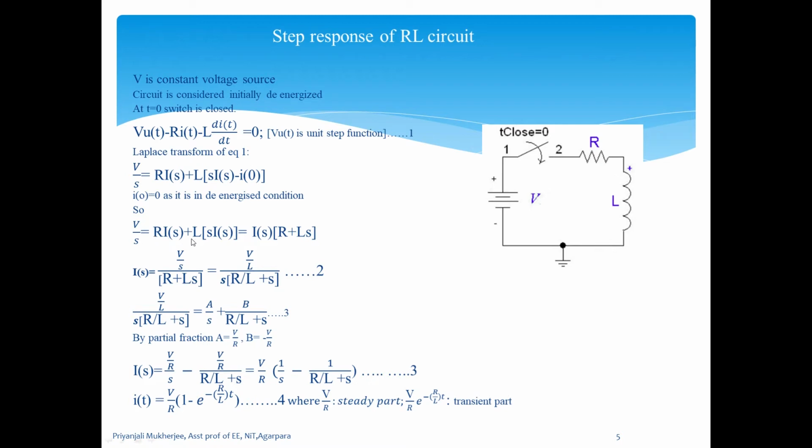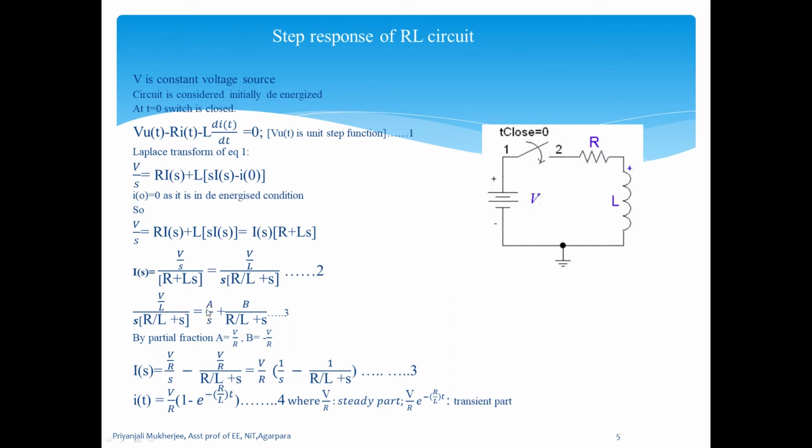So, we can write the equation V/S equal to (R plus LS) I(S). So, we can take I(S) common on the right hand side, then it becomes R plus LS, or from this equation we can find I(S) equal to (V/L) divided by (R/L plus S), or it can be written as (V/L) divided by S into (R/L plus S).